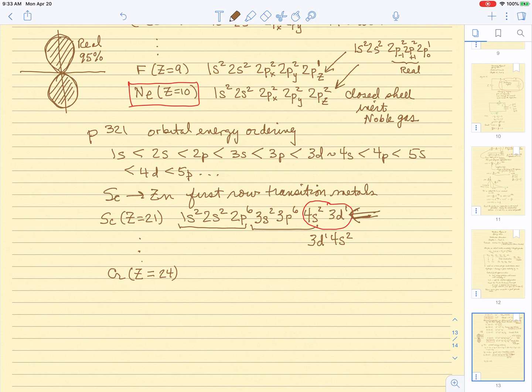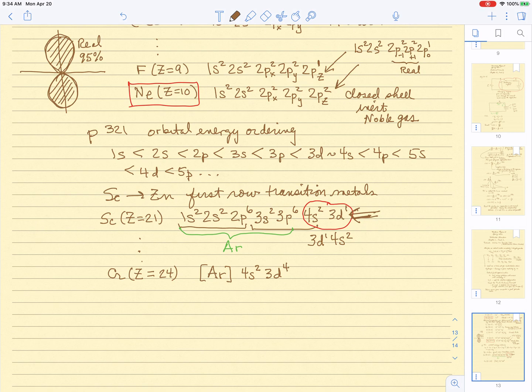This is actually what is called an argon shell, and so we can write chromium now as an argon core, and then we have 4s2, and then 3d4. That's what you would normally write.